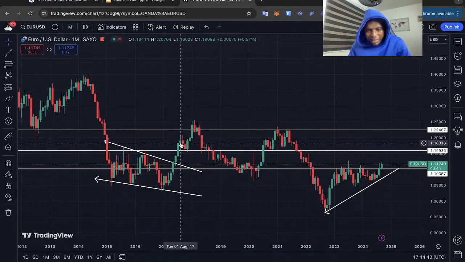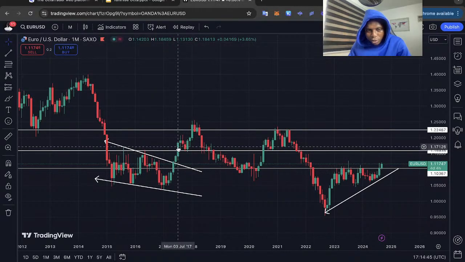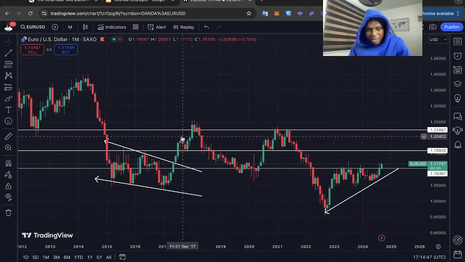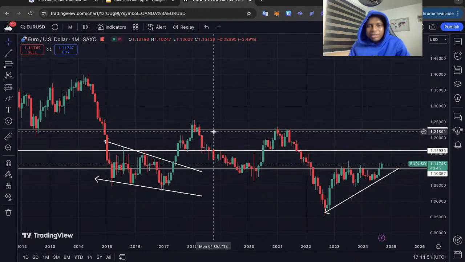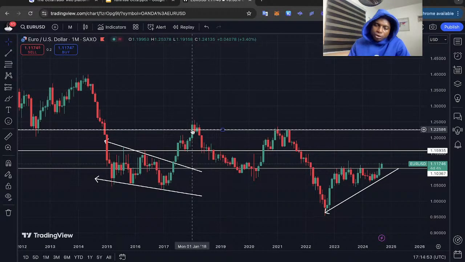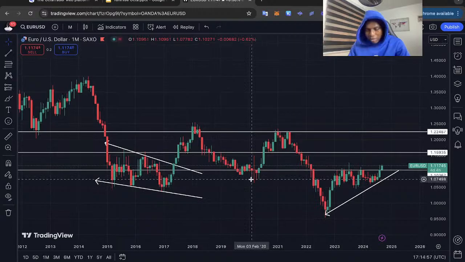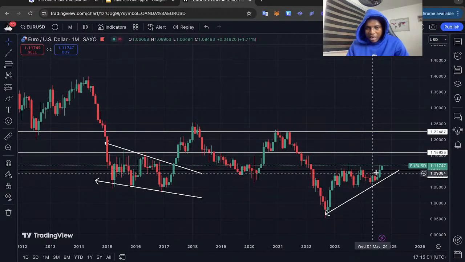Like I said here, price broke through this resistance zone, then there was a reversal, and then price went back up to hit this resistance zone above here, before pushing back down further. Now we can see the same thing playing out here.